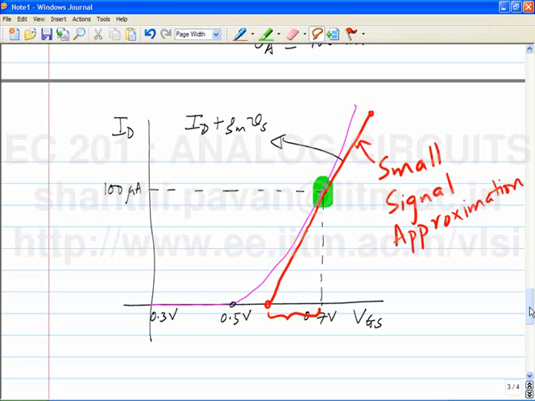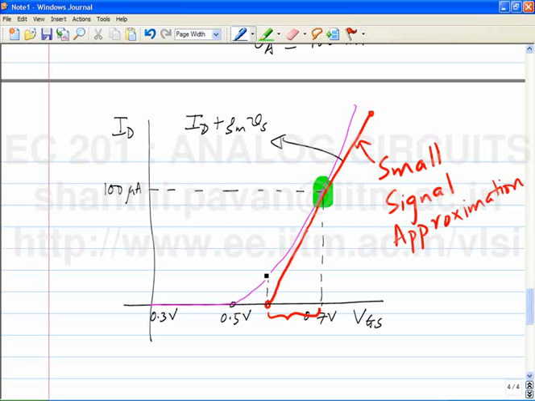So what comment can you make regarding cutoff? We have calculated the limit to be 100 millivolts, but in reality, is the transistor truly cut off at that point or not? It is not truly cut off. There is in fact some current in the transistor, and that current is given by this value.